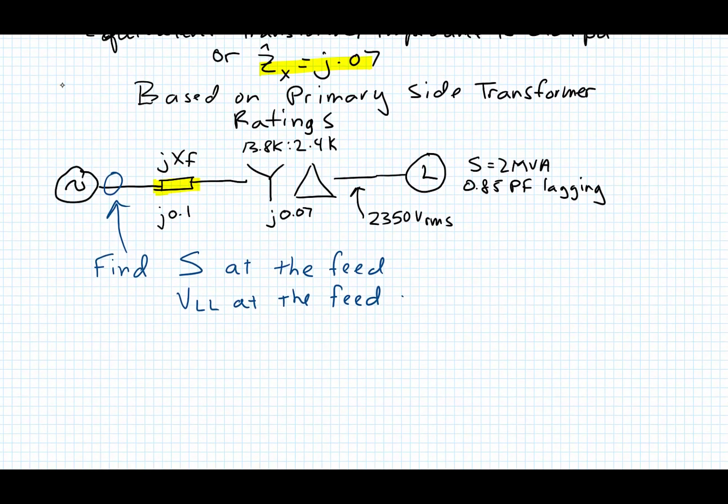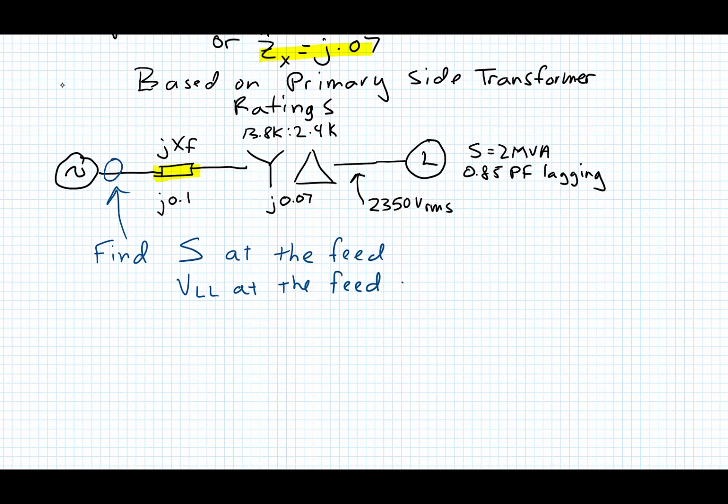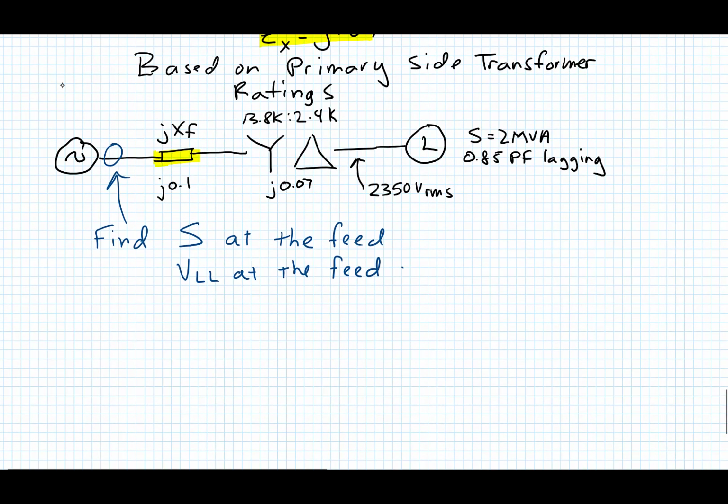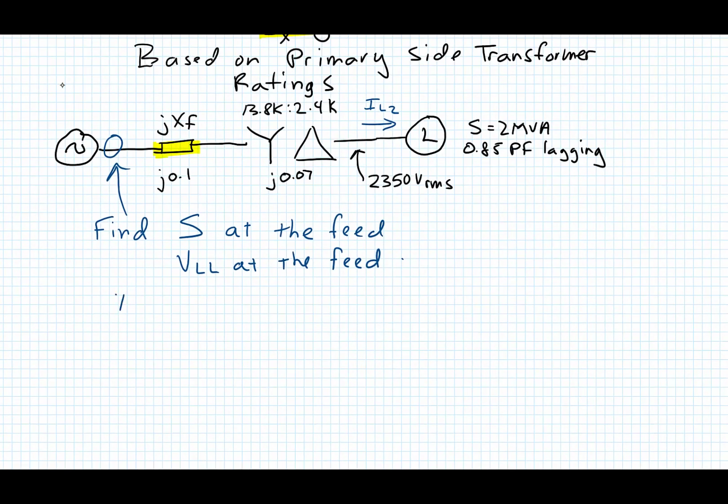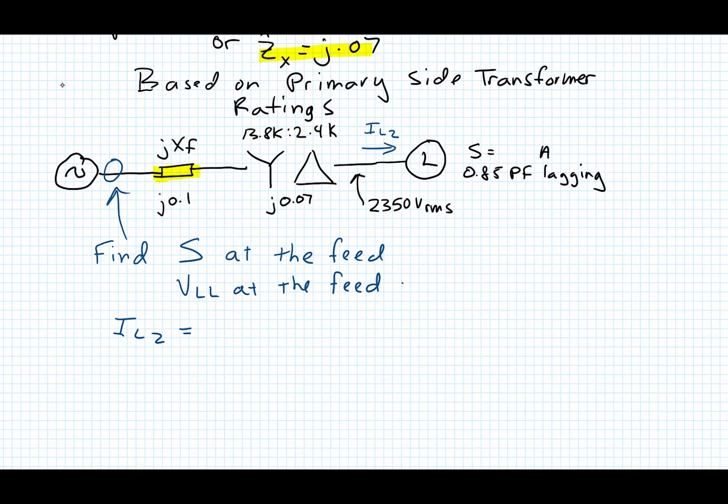Okay, so we're going to start going through our steps here. And the first thing we need to do is find the current going here to the load, I line 2. So that I line 2 is equal to the load. Oh, I'm sorry, I wrote this wrong here. That S is 1.5 MVA.